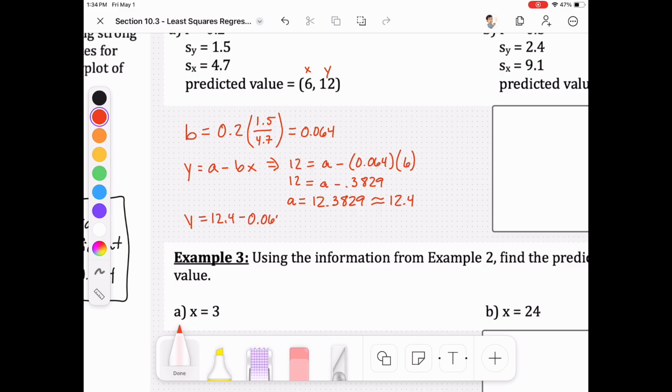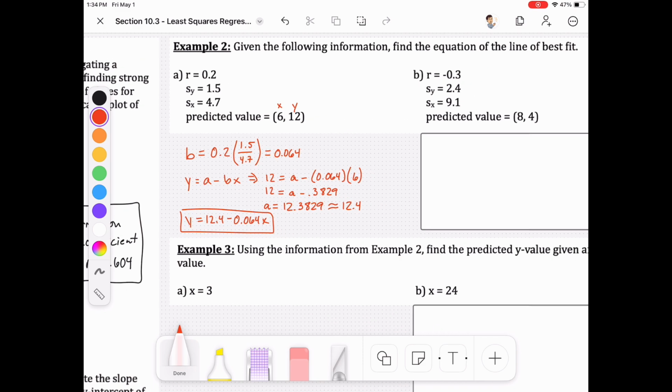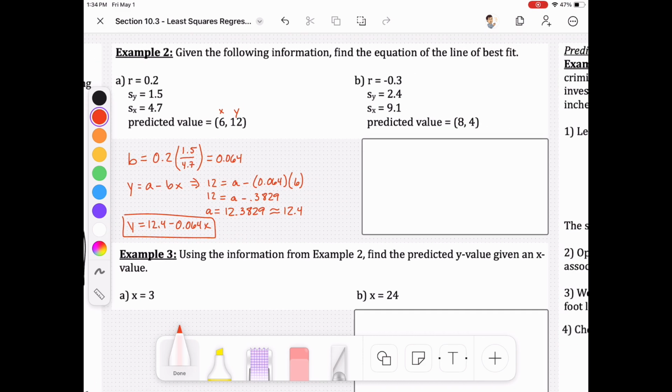That allows us to find the y-intercept at 12.4, and then I can plug that back in to find my regression line. So here I would like you to take a moment, stop the video, try letter B, and see if you can do the same thing.